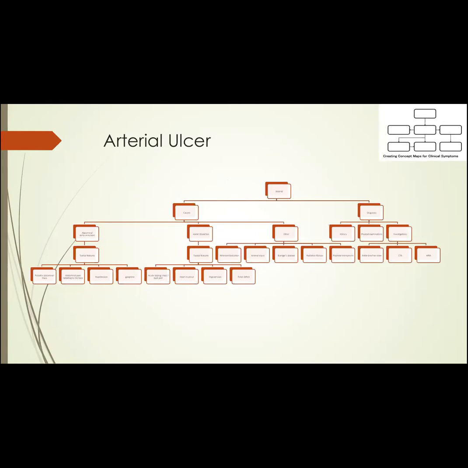It is therefore very important to measure ABPI, ankle brachial pressure index, in a mixed arterial and venous ulcer. Only if ABPI is more than 0.8, we can diagnose as venous ulcer, and compression bandaging can be used.